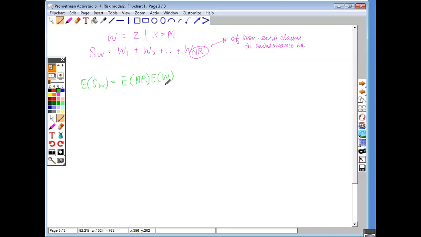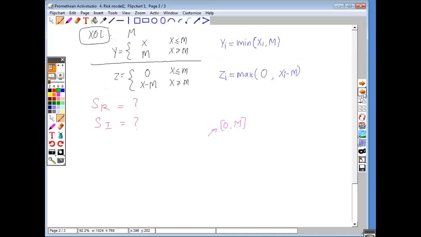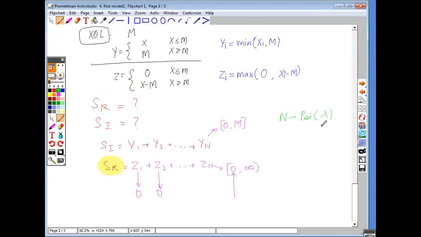So the very first thing, let me say that my n follows a Poisson distribution with some parameter lambda. In general, if I'm looking at just S, it will be compound Poisson, and my expectation of S is just going to be the expectation of n times the expectation of X, which will be lambda times m1.